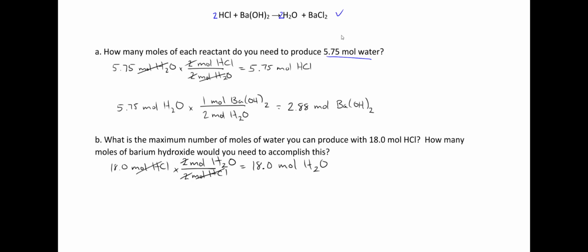How much barium hydroxide would I need? Again, I know that it's going to be half as much according to the balanced equation, but let's just show that. So if I have 18 moles of hydrochloric acid, according to the balanced equation, every 2 moles of hydrochloric acid needs 1 mole of barium hydroxide.